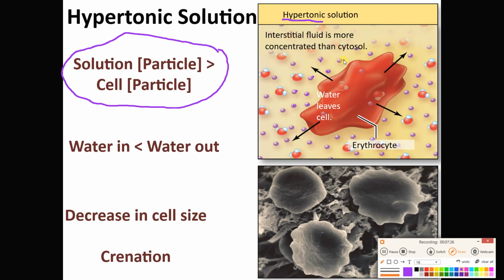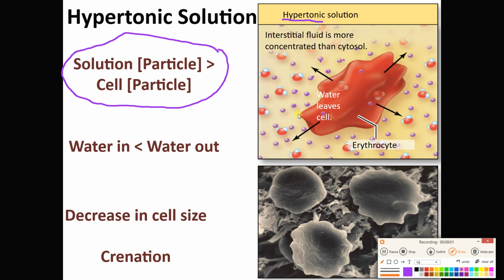Remember, water goes to where there are more particles. Think about particles sucking the water out. So water is going to tend to leave the cell. A hypertonic solution makes water leave the cell.